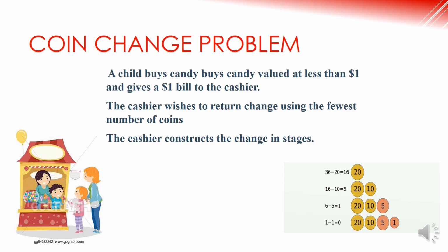Let's see now the coin change problem. What's the aim of the problem? As the name suggests, you're going to find the minimum number of coins or notes needed to make the change. For that, I'll give you an instance. A child buys a candy valued at less than $1 and gives a $1 bill to the cashier.